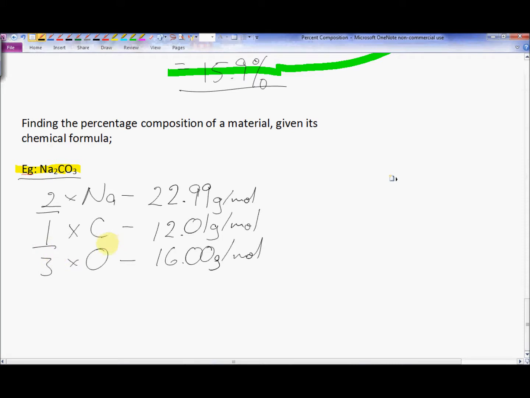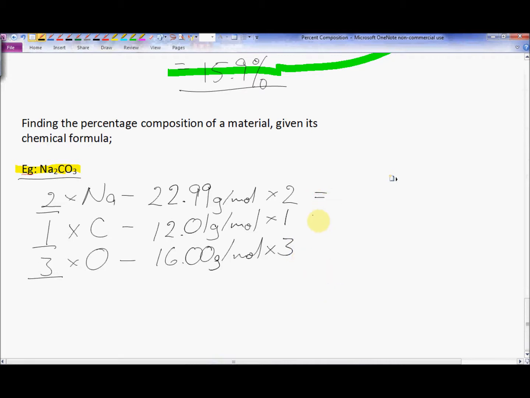So, to get the total mass of 1 mole of sodium carbonate, I'm going to take the molar mass of sodium, multiply it by 2. I'm going to take the molar mass of carbon, multiply it by 1. In other words, just leave it the same. And then I'm going to take the molar mass of oxygen and multiply it by 3.